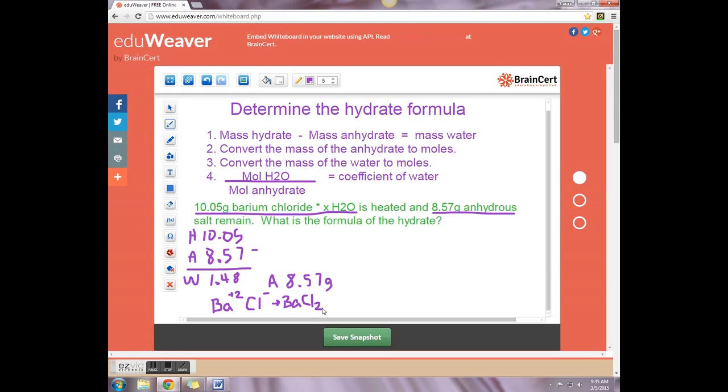And I need to have my formula correct in order to determine the molar mass of 1 barium plus 2 chlorines, which comes out to 208.23 grams. The unit that I start with is the unit on the bottom, and 1 mole goes on top.